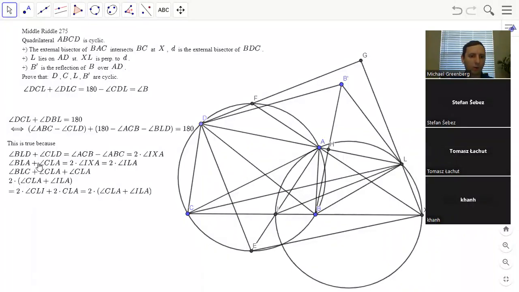Okay, so you take BLC plus CLA, that is equal to 2 times angle ILA, which is, okay, just take this 2 times CLA plus ILA and merge it with that equality with 3 angles.